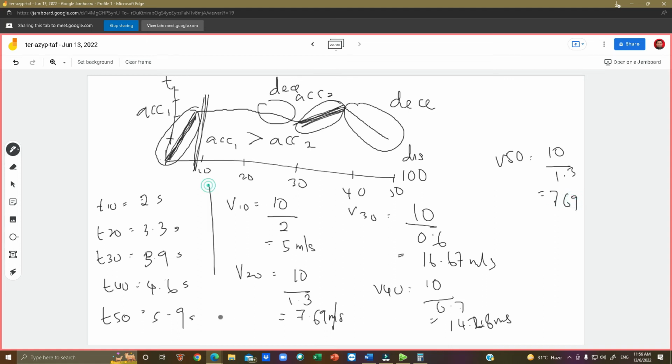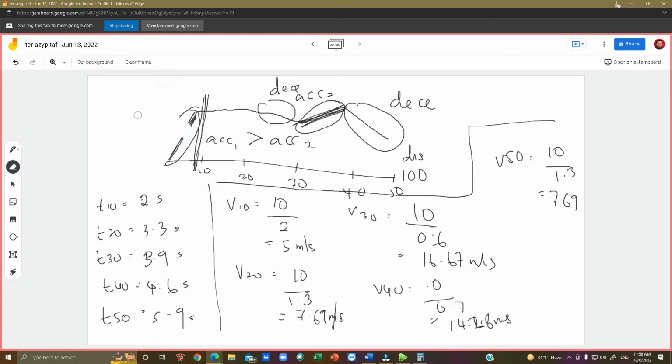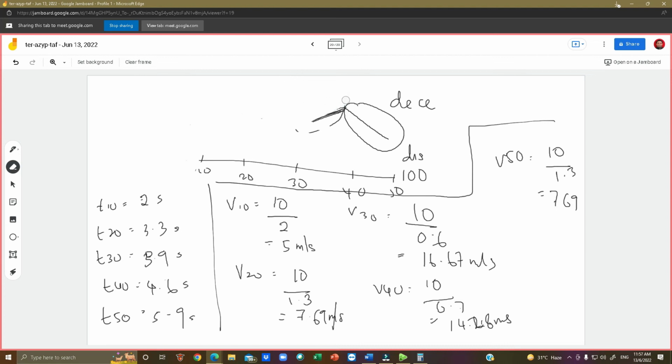Okay, we now have the value for every single velocity. Now, let's recreate, because we have some flaws in the picture. So let's recreate and we are going to see some acceleration values later. Okay, so we have something like this. This one will be the velocity.